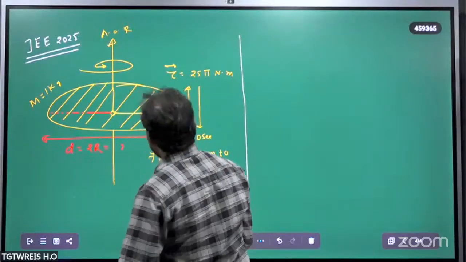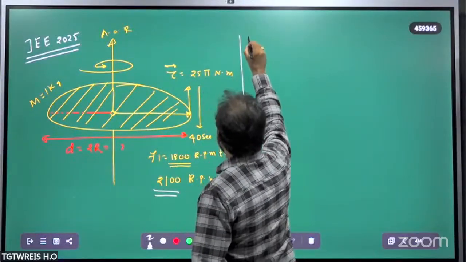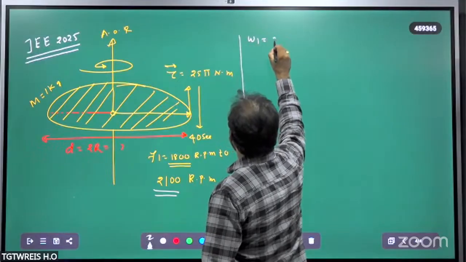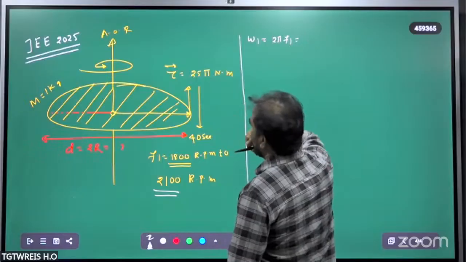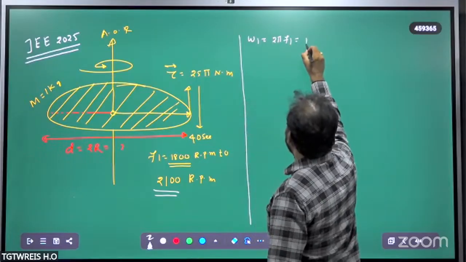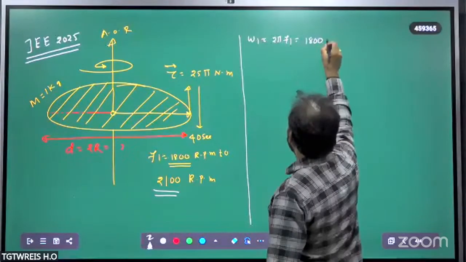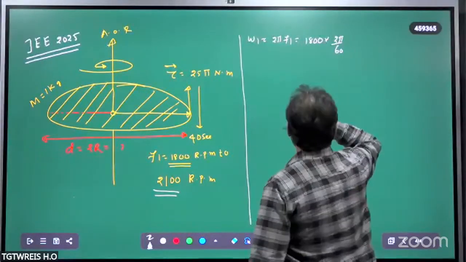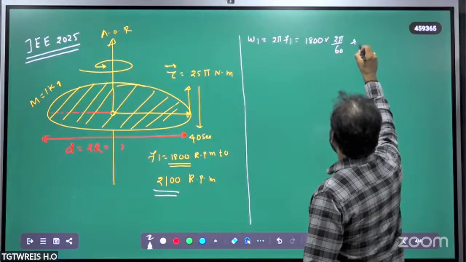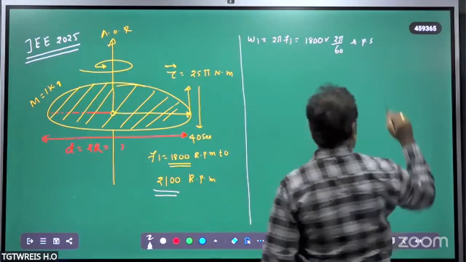So omega 1 is equal to 2 pi f1, that is equal to 1800 into 2 pi by 60 revolutions per second.